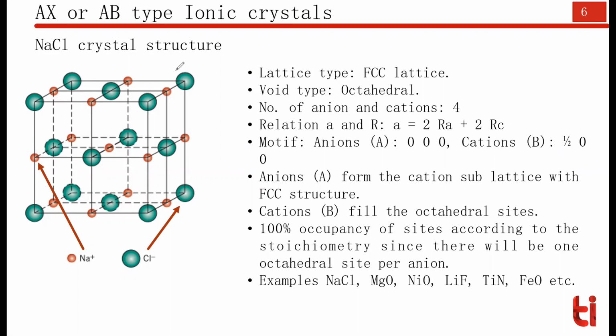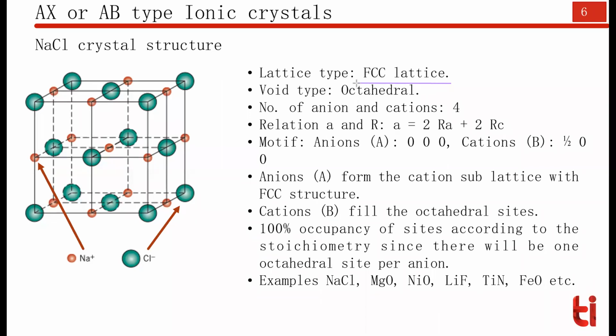If you closely look at the diagram and only focus on the green color atoms, you can see that the green color atoms form the FCC lattice. So your lattice type in this case is the FCC lattice, and the lattice is formed by the negatively charged chlorine ions.